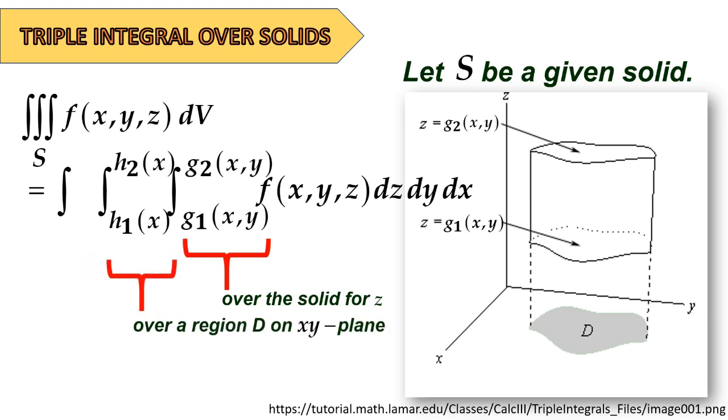This is a function of x, so this is over a region D on the xy plane. And lastly, the outermost integral is evaluated over the values of x, say a sub 1 to a sub 2.